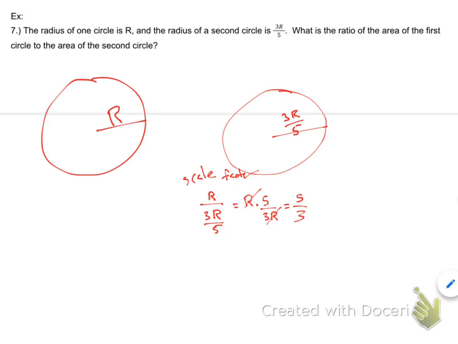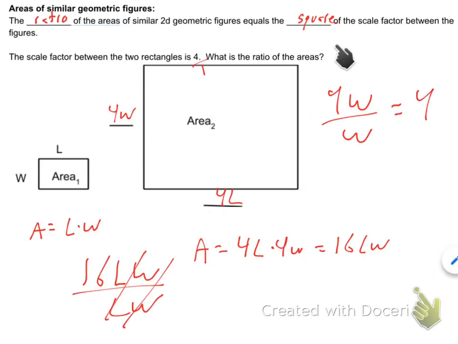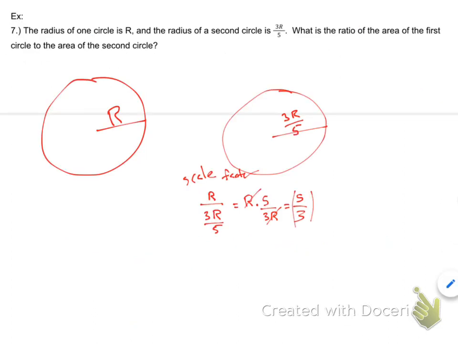The question's not asking for the scale factor, it's asking for the ratio of the areas. What do I do with that scale factor? You're going to square it. What do you get? 25 over 9. The ratio is 25 to 9.